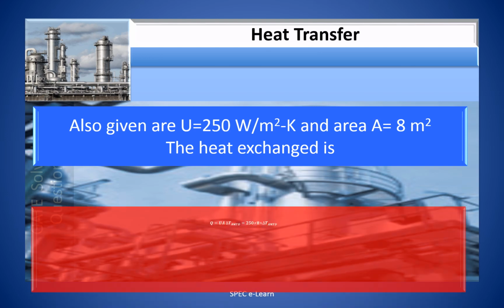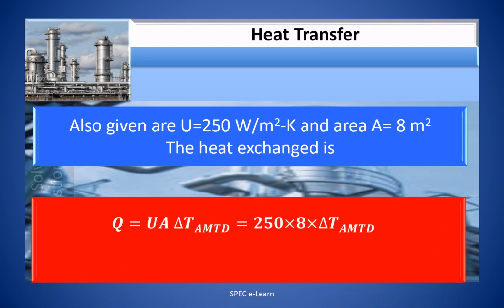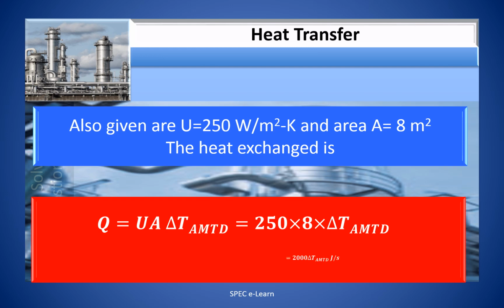So the heat exchanged in the exchanger is Q equal to UA delta T AMTD, which is equal to 250 times 8 times delta T AMTD, which comes to 2000 delta T AMTD joules per second.